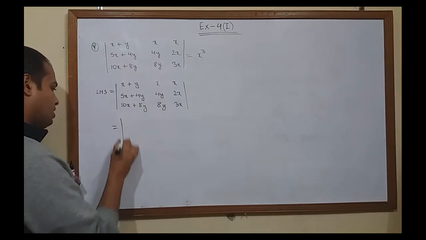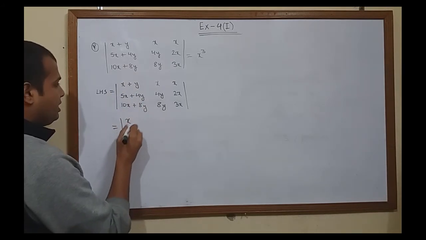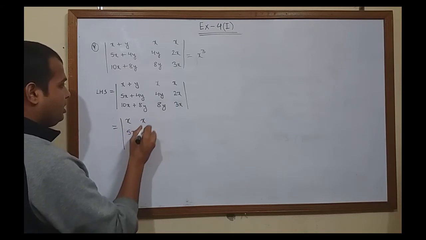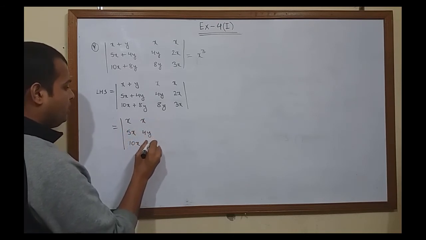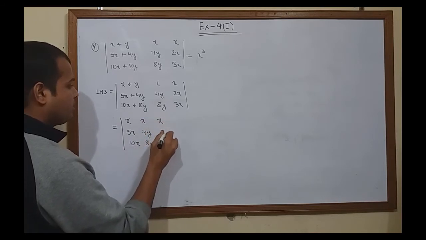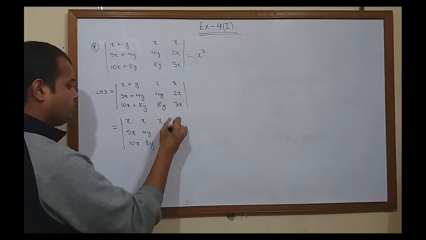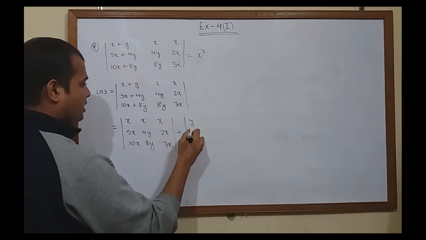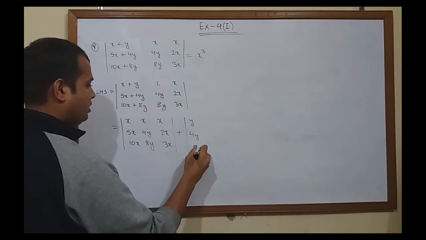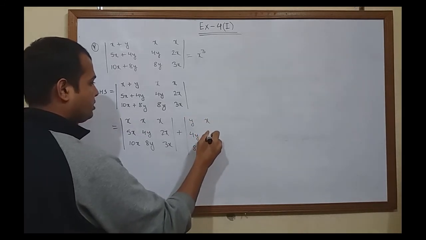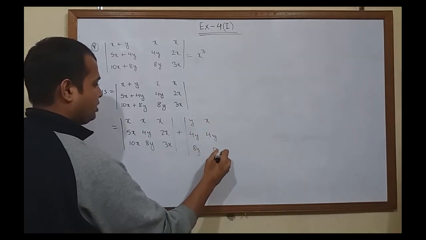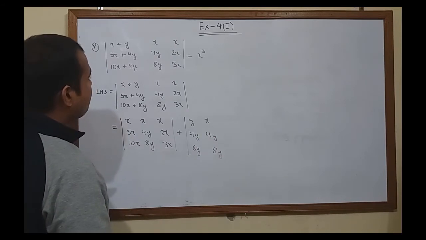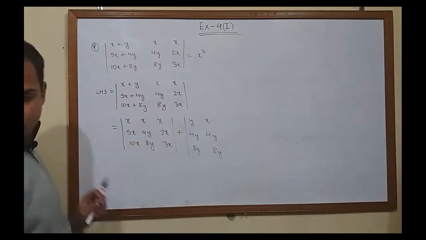That means we can write it like this: x, 5x, 10x, x, 4y, 8y, x, 2x, 3x, then plus y, 4y, 8y, x, 4y, 8y. I think here in the question we have y.